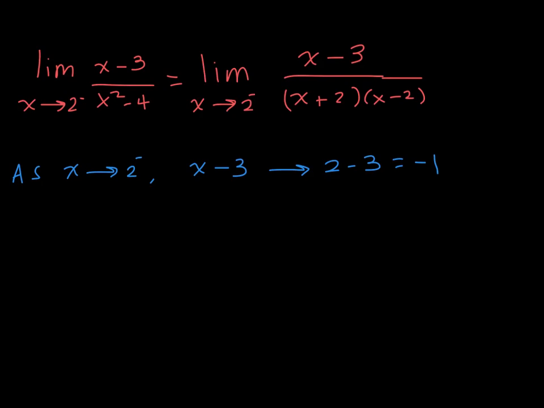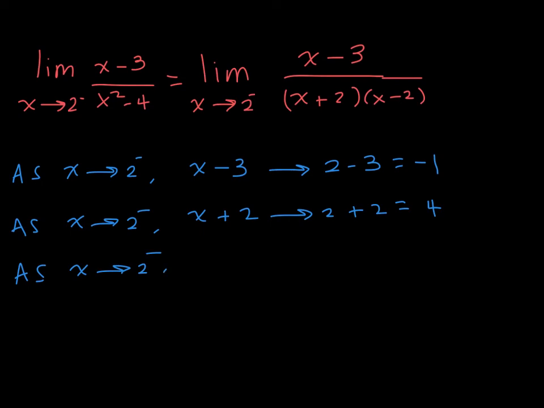Now let's look at this denominator. As x approaches 2 from the left, this factor x plus 2 is approaching 2 plus 2, which is 4. Now, x minus 2 is approaching 0.